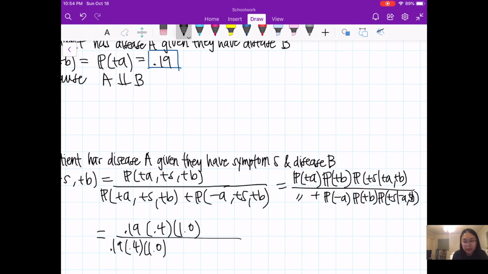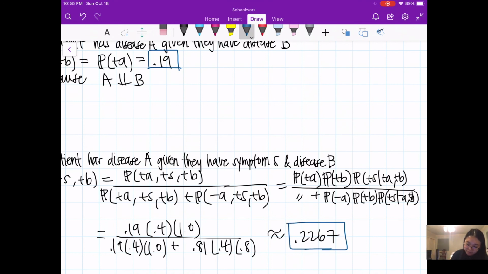And then you specifically want to add the negative term, so then it becomes 0.81 times 0.4 and then this is 0.8. And then if you simplify this will be about 0.2267. So that will be your solution for part D.